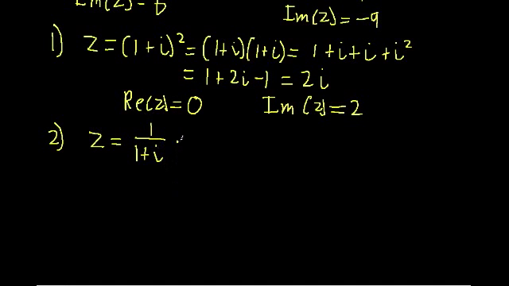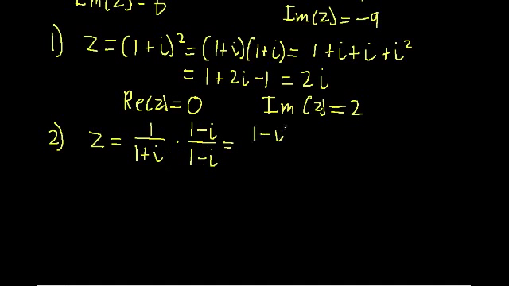What we're going to try and do is get rid of the complex part in the denominator by multiplying by its conjugate, 1 minus i. And in order to make sure we don't change the actual function, we're going to have to multiply the numerator by the same amount. That way we could say we're just multiplying it by 1. Basically a fraction with the same thing in the numerator and the denominator is just 1.